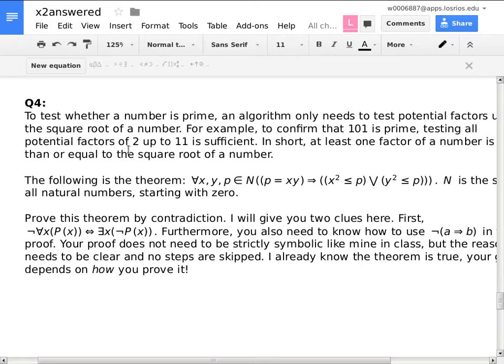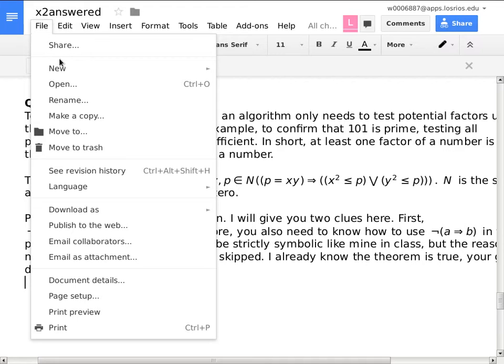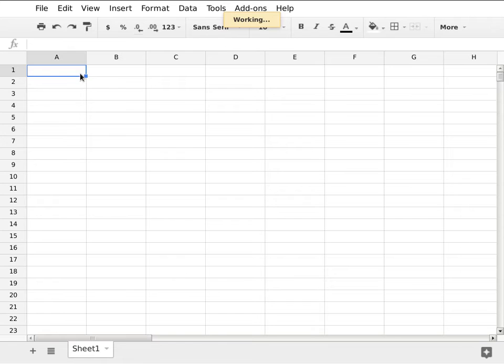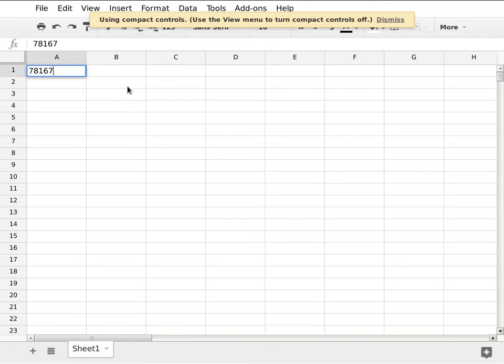In other words, the best way to illustrate it is to use a spreadsheet. So I'm going to open a new spreadsheet, and then I'll pick myself a pretty big number and check whether this number is prime or not. Let's see, is that number clearly divisible by 3 or not?